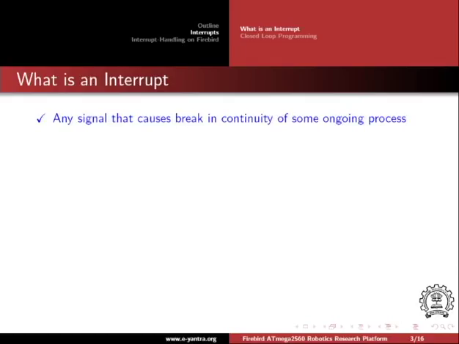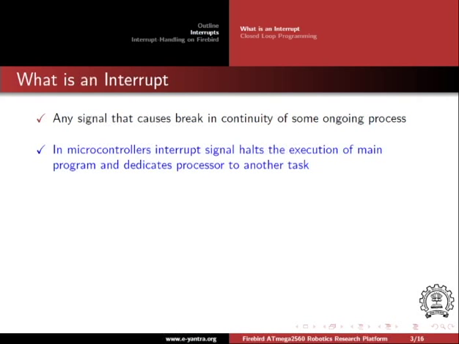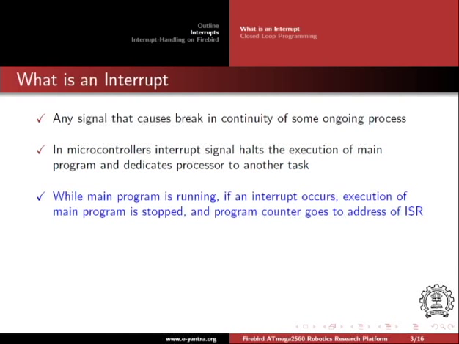Now let us look at the technical view, taking into consideration a microcontroller. In a microcontroller, an interrupt signal halts the execution of the main program and dedicates the processor to another task. During the execution of the main program, if an interrupt occurs, the execution of the main program is stopped and the program counter is loaded with the address of the ISR.